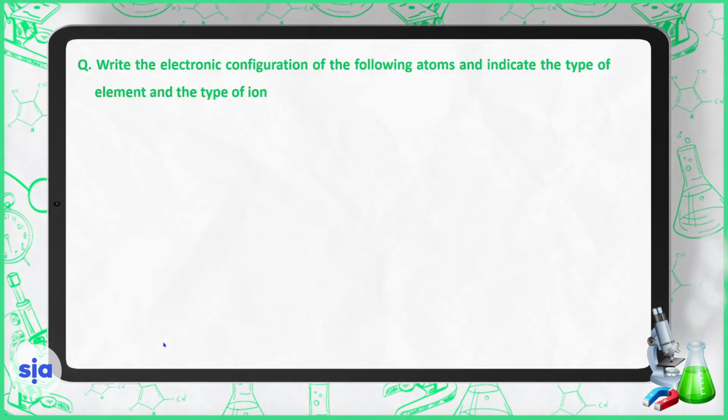Now, time for questions. Write the electronic configuration of the following atoms and indicate the type of element and the type of ion. F9. F9 has 9 electrons arranged as follows: 2 electrons in the inner energy level and 7 electrons in the outer energy level. Fluorine element is a nonmetal.